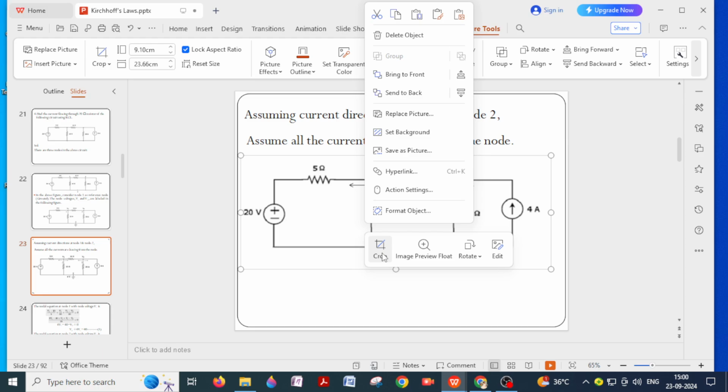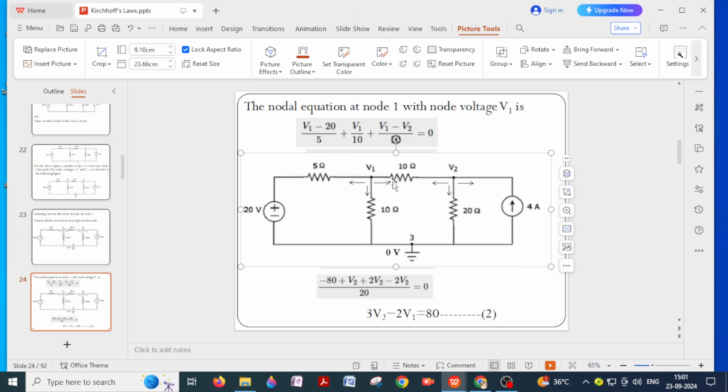Therefore, since current is starting from V1 according to our assumption, V1 minus 20 divided by 5 will give us the current in 5 ohms. Now the current in this 10 ohms is V1 minus 0 by 10. Current in this 10 ohms is V1 minus V2 by 10. That is equal to 0. So the algebraic sum of all the currents leaving at node V1 is equal to 0.